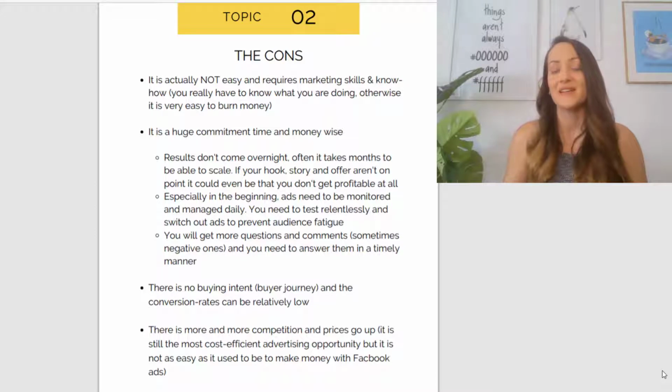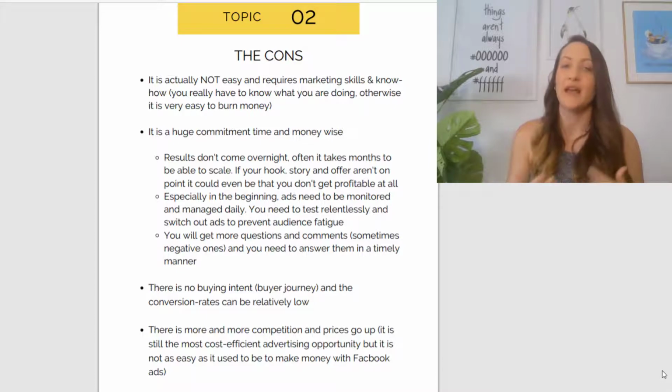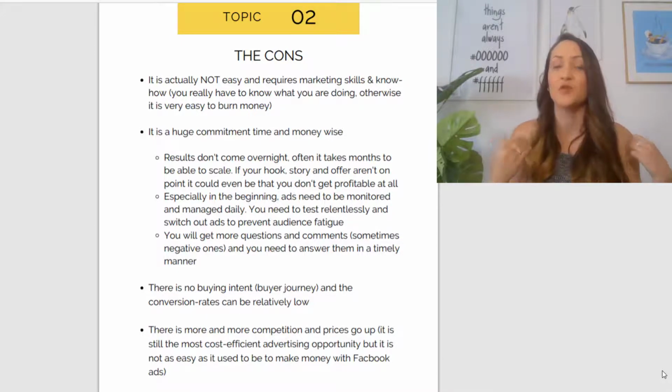That is a lot of work and it requires skills. So if you don't know what you're doing, you can burn money very, very fast. And that's why it's also a bit dangerous to start out not properly educated about it, or to go into it spending too big a budget right away.